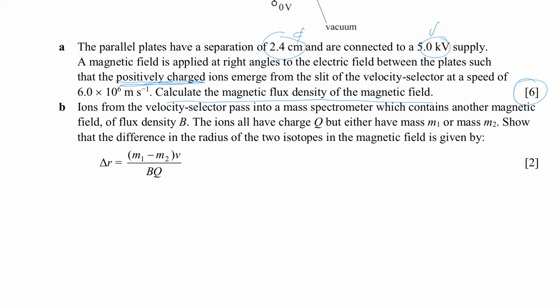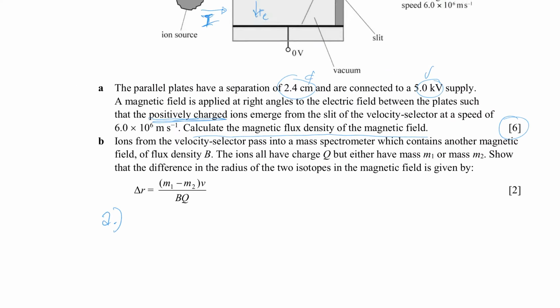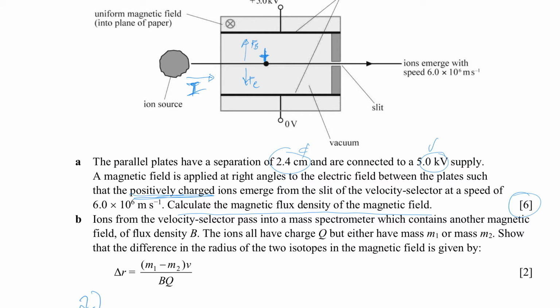Let me help you how to get those 6 marks. First, let's take a look here. Since the ions emerge out of that particular slit, it means the two forces cancel each other, so there is no net force.